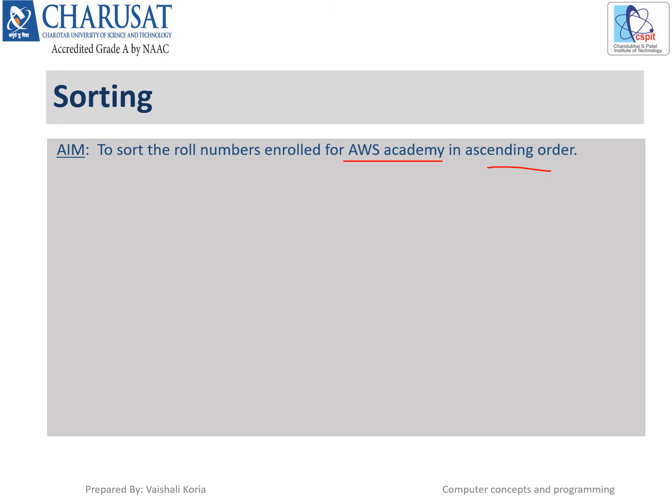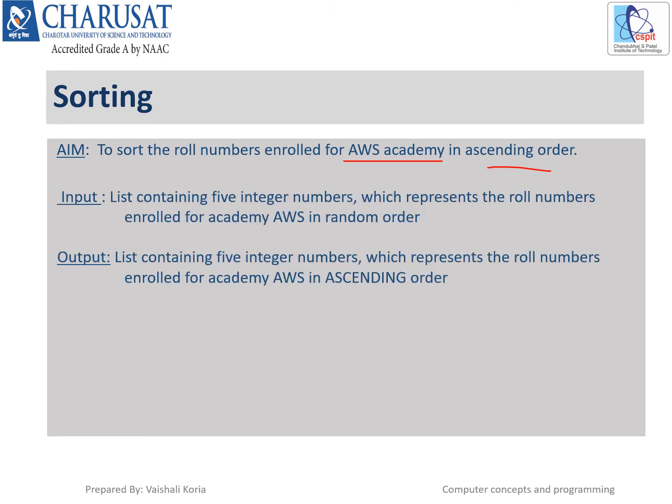For this particular application, what can be the input? The input can be a list containing 5 integer numbers. Those integer numbers represent the roll numbers enrolled for the AWS Academy. The input list is in random order, and in the output we want all the numbers in ascending order. So this is the application that we want to implement.